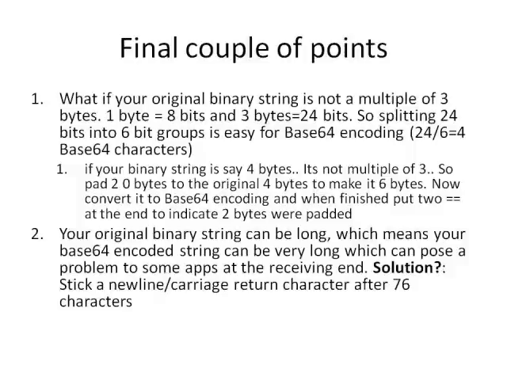Certain applications may not be able to handle such a long string. So what we do is we break the Base64 encoded string by sticking in a new line carriage return character after every 76 characters. So this makes it easier for certain applications to handle it.